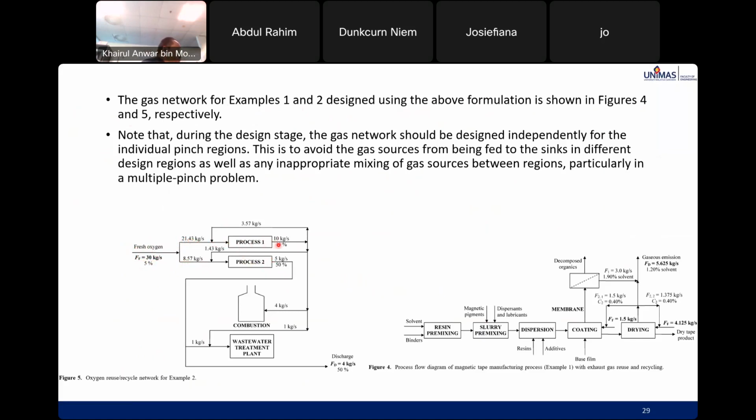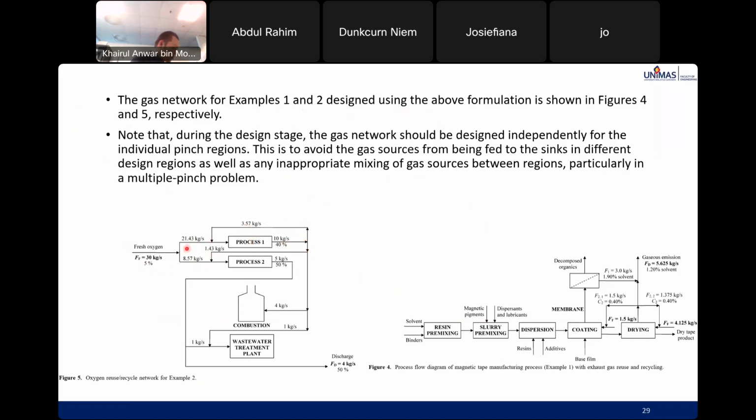And from process 1, which is the pinch point, it will be recycled and reused. For this case, it is recycled for process 1 and process 2.